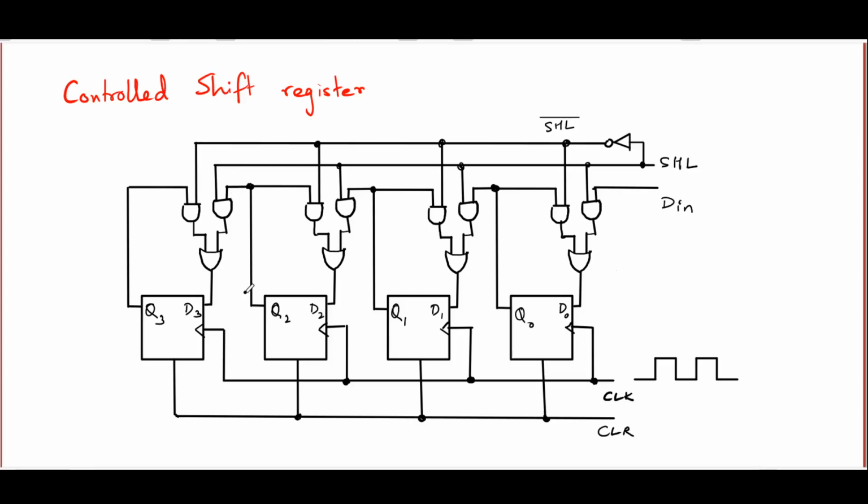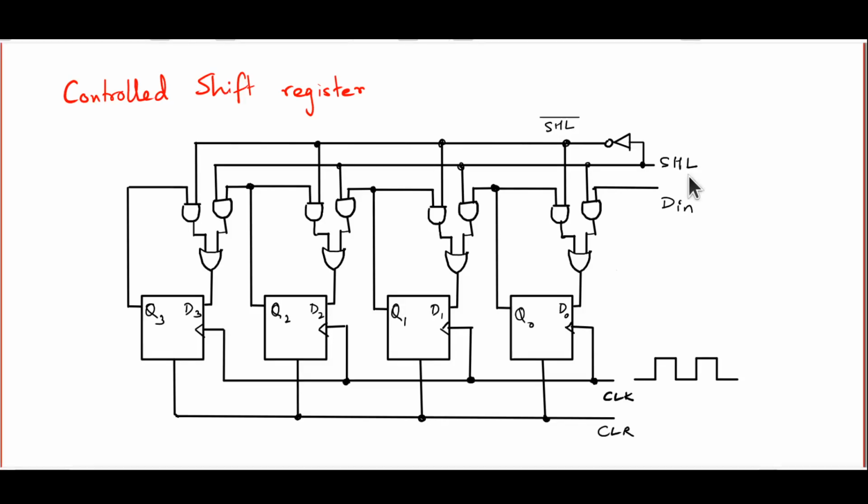So when this input, which is now called SHL for shift left, is low, this AND gate is out of action. It's this AND gate whose output comes through. In fact, Q3 is fed back to the input, Q2 is fed back to the input here, Q1 is fed back to the input here, and so on. And so Q0, Q1, Q2, Q3 keep on maintaining their values.